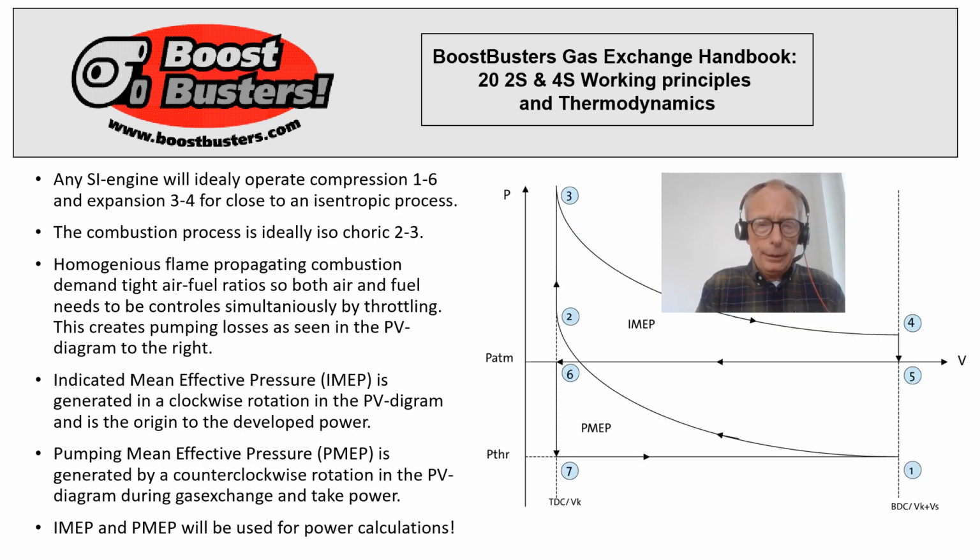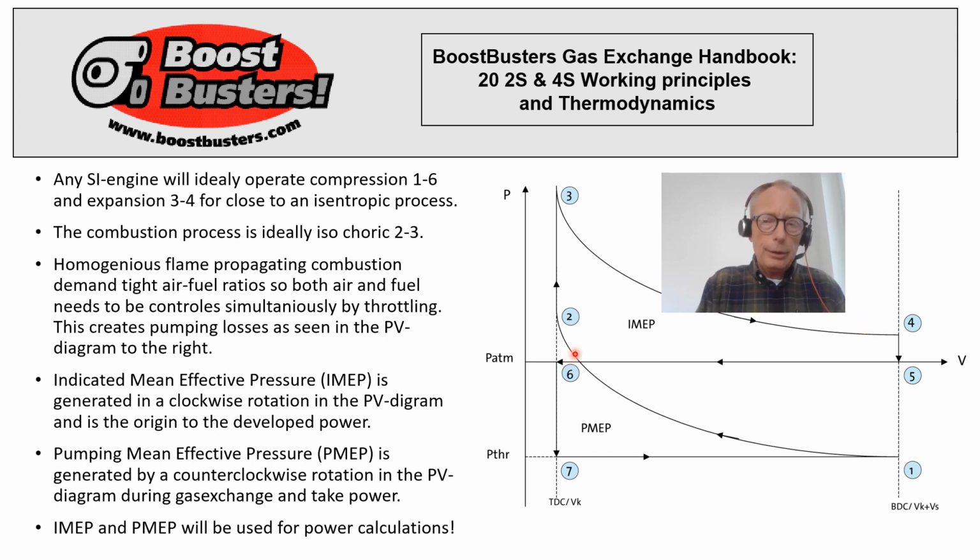Any spark-ignited engine will operate compression, which is 1 to 2, with a compression which can be described in a simplified manner as an isentropic process. The expansion after the combustion also takes place more or less as an isentropic process.